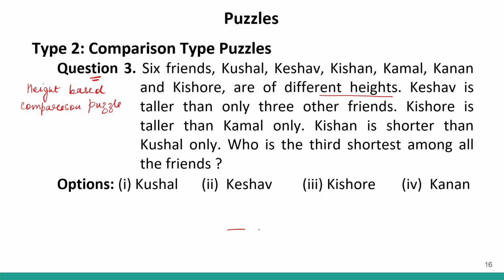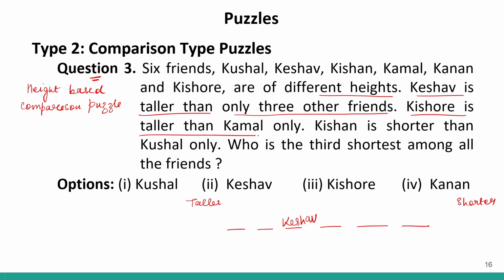So, 6 friends: 1, 2, 3, 4, 5, 6. I am taking this to be the taller side and this to be the shorter side. That means only 3 people are shorter than Keshav. So Keshav will come over here, because Keshav is taller than only 3 people.